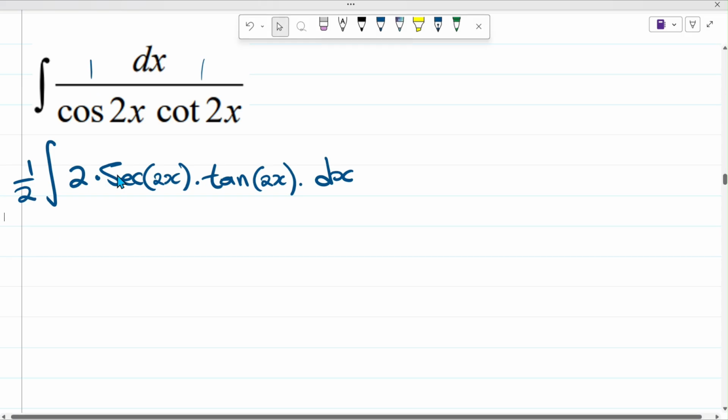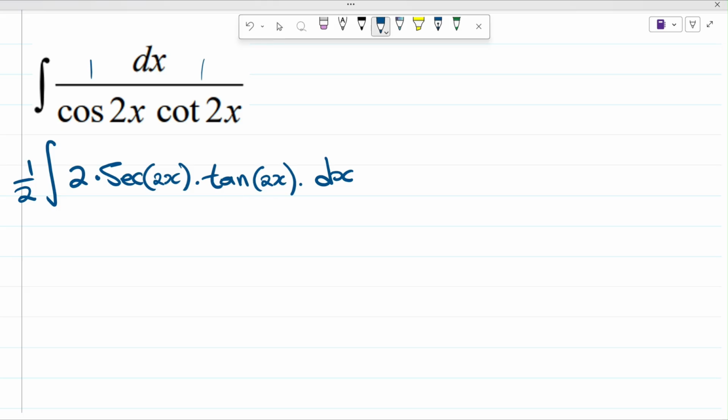Then if we have the derivative of the argument alongside these trig functions, we can conclude that the thing that was differentiated for us to get positive sec tan was positive sec, right?